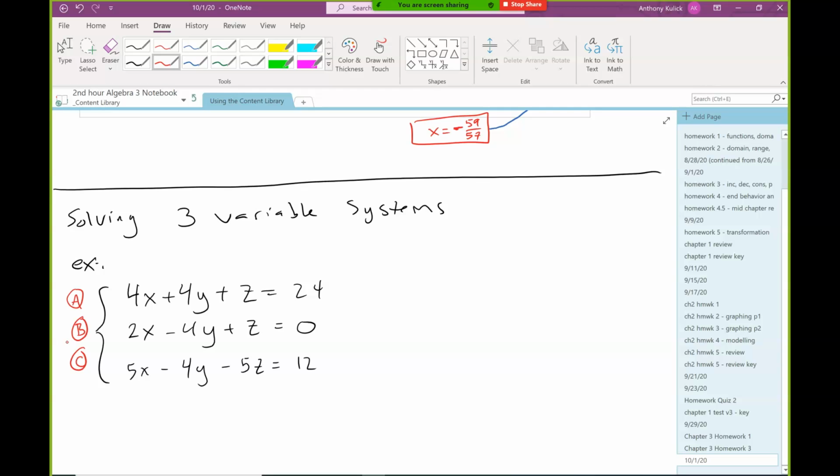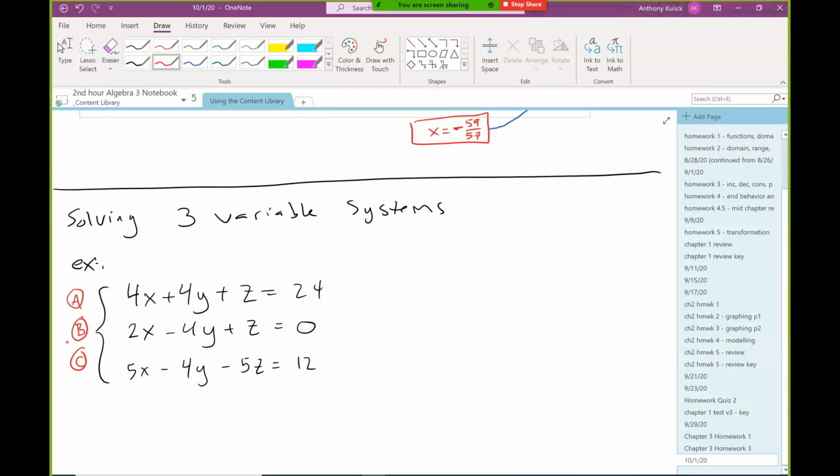The first step is to pick an equation and pick a variable from that equation that we'd want to isolate. There's no wrong choice here, but there are choices that can make your life much easier. So if we look at this, which variable and which equation would be a good choice?